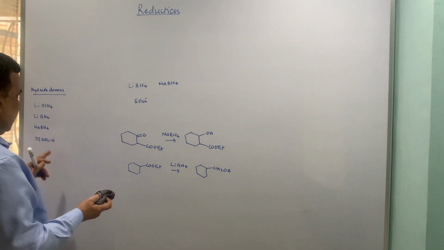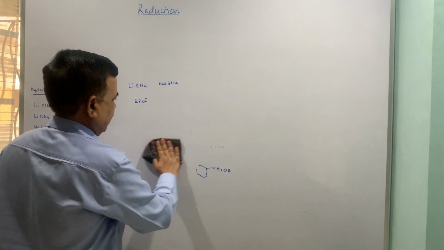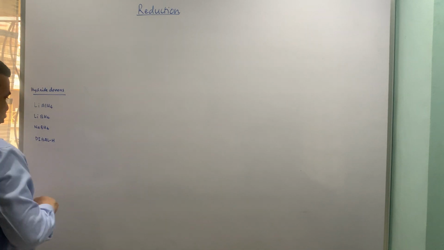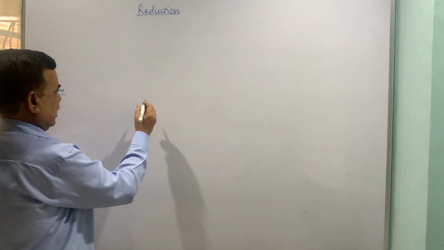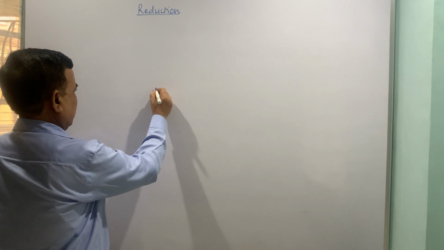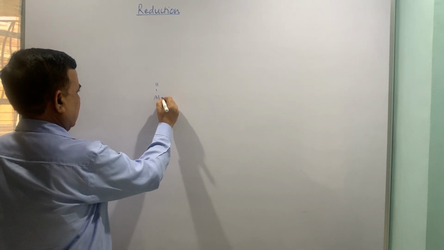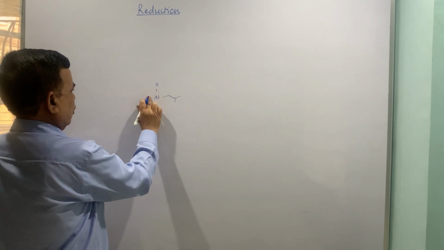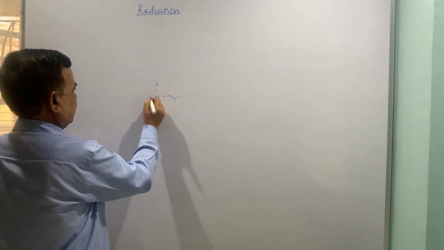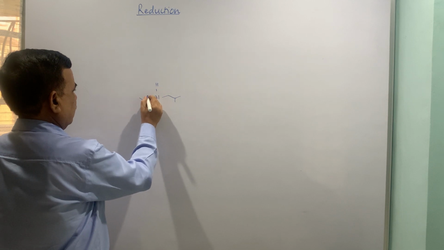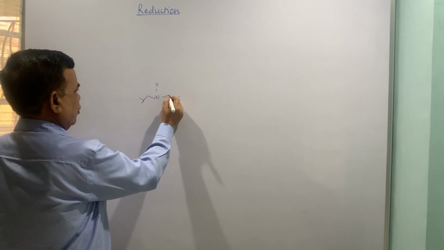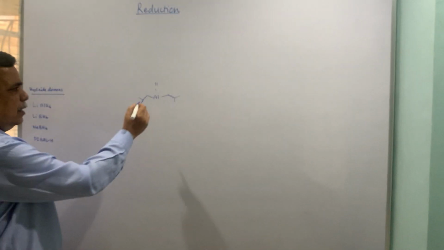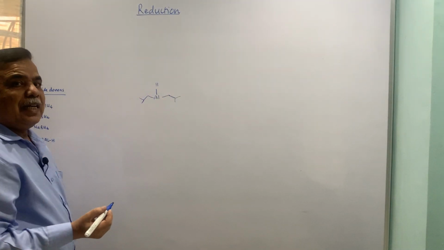Now moving on to the next reagent, that is DIBAL-H. Now DIBAL-H is diisobutyl aluminum hydride. So let me put aluminum hydride, and on the other side it has got two isobutyl groups. This is the reagent, and this is also a hydride donor.